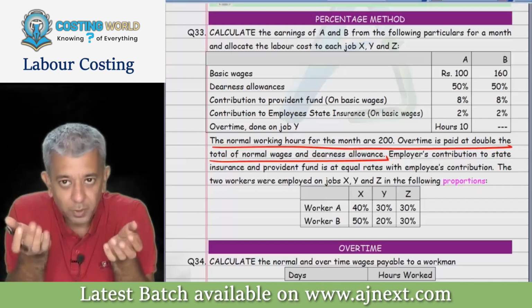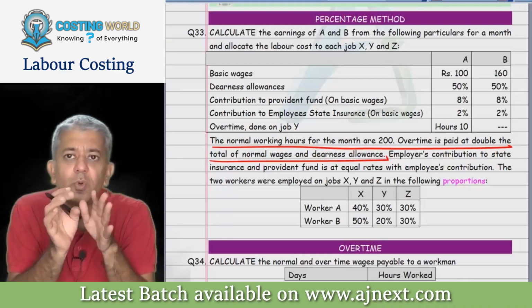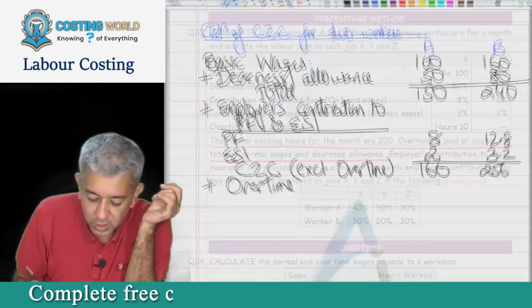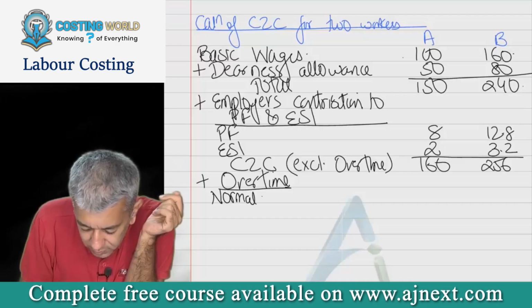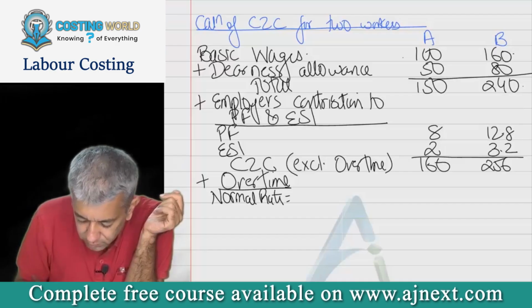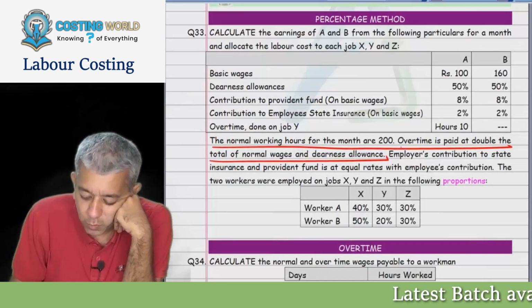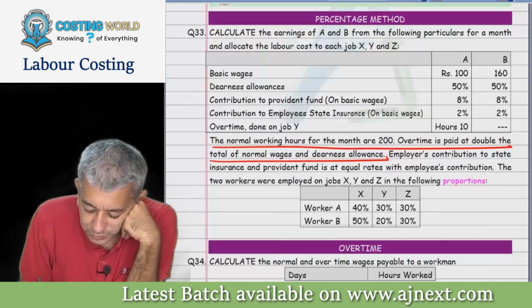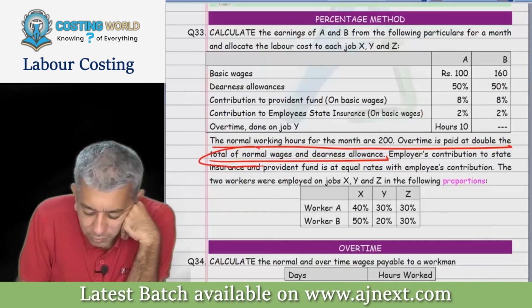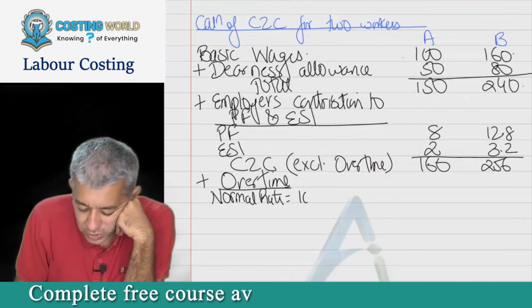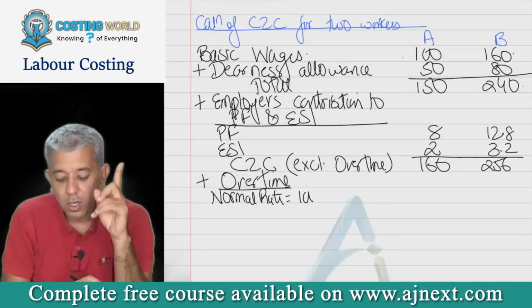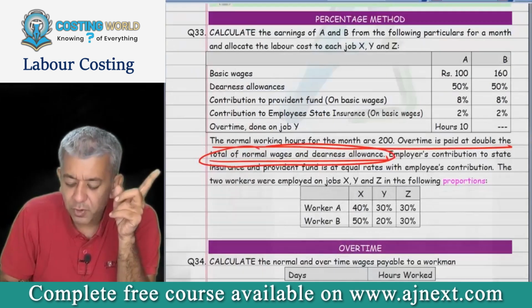Overtime will be double of that rate. Then we will compute how much the overtime wages are. So for overtime, let's compute the normal rate. What are they saying? Overtime is paid at double the total of normal wages and dearness allowance. So normal wages is, one sec. Overtime is only there for which worker?